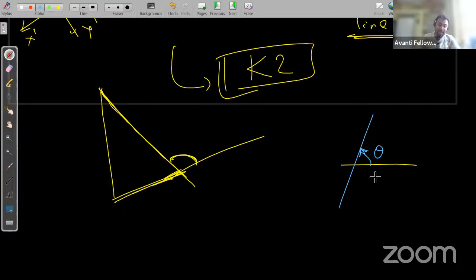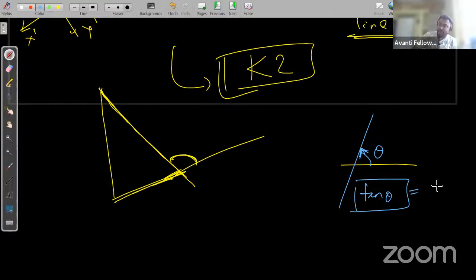The angle made by the line with the positive x-axis in anti-clockwise direction is theta, and tan of theta is my slope. So the tangent of the angle made by the line with the positive x-axis in anti-clockwise direction is called my slope, and we find it by tan theta.